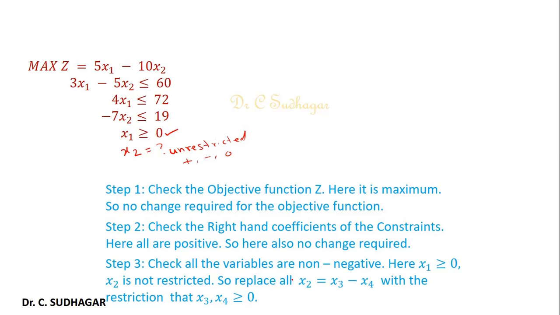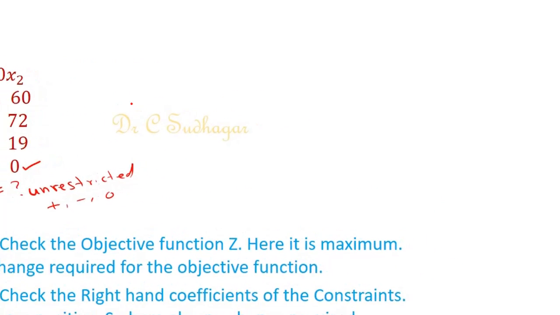If x2 is unrestricted, introduce two variables x3 and x4 with the relation x3 minus x4, so replace x2 by x3 minus x4, where x3 and x4 are positive numbers. When we have 7 minus 5, it is a positive number. If you take 8 minus 12, that is a negative number.